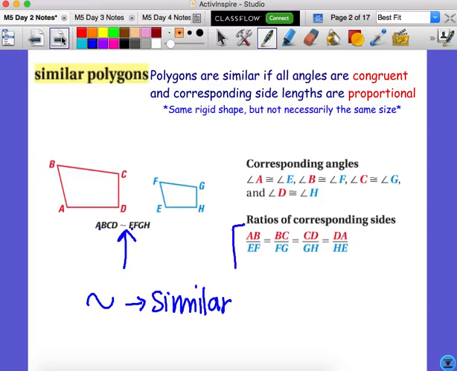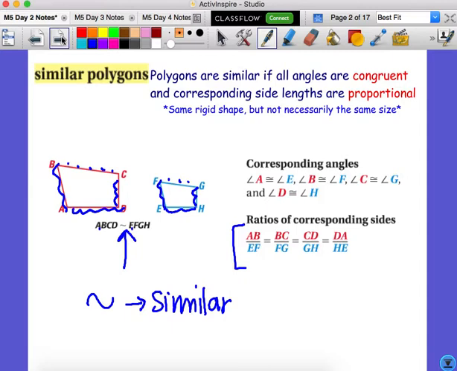Now this part right here gives us the ratios of the corresponding sides. So AB over EF should be equal to BC over FG, which should be the same as CD over GH, and last but not least, that should be the same as AD over EH.